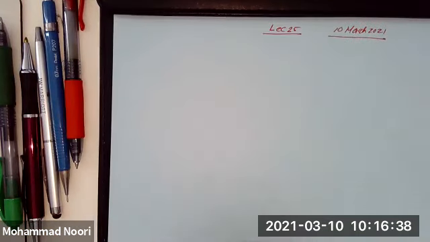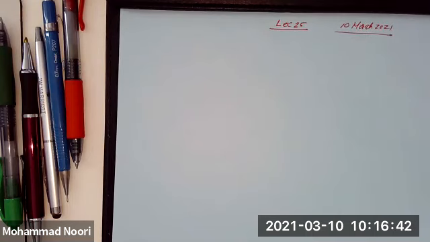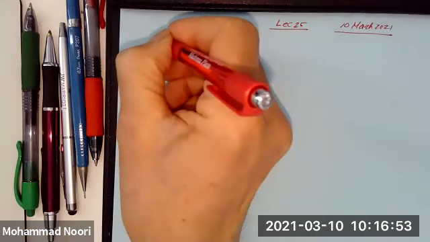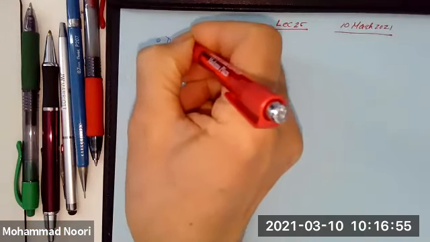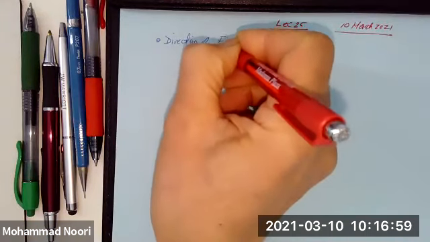Let me refresh your memories from last week, when we introduced friction. There are only two things that are very important to remember when it comes to friction problems. One is the direction of friction force.